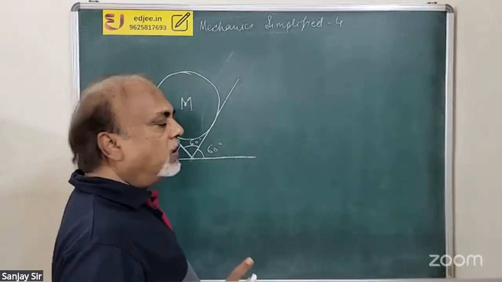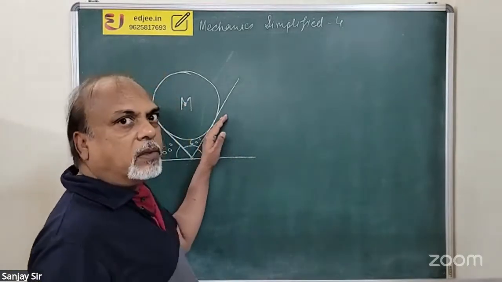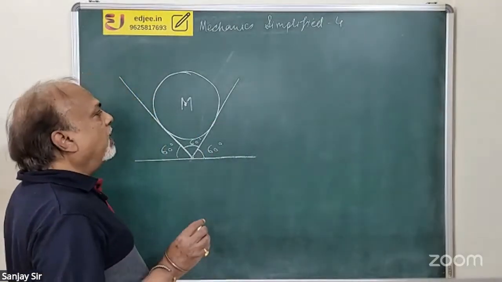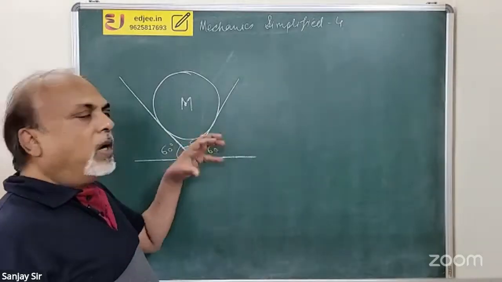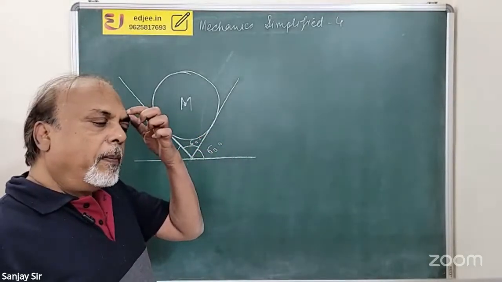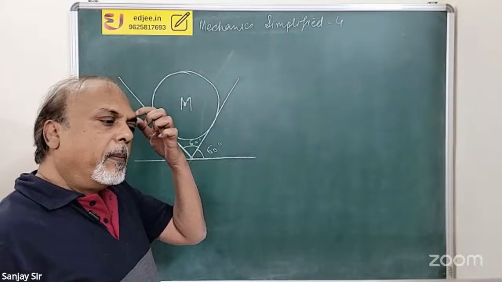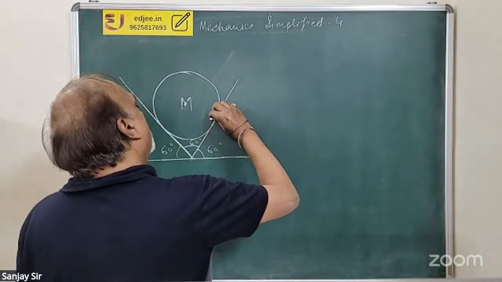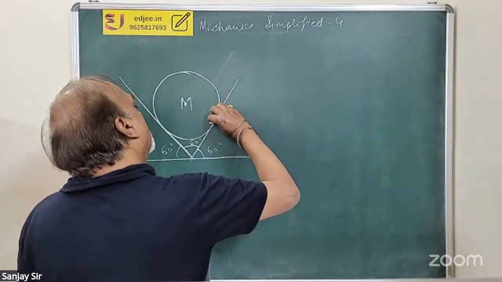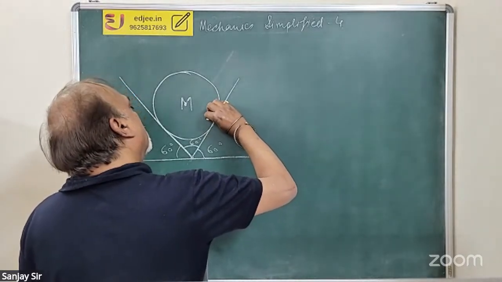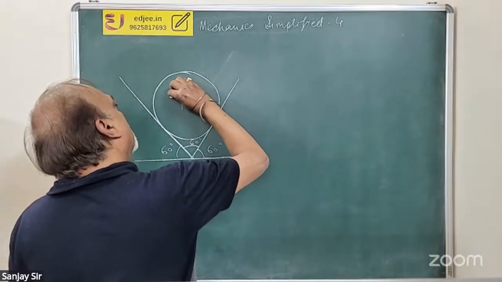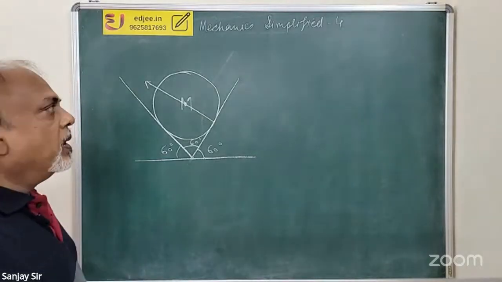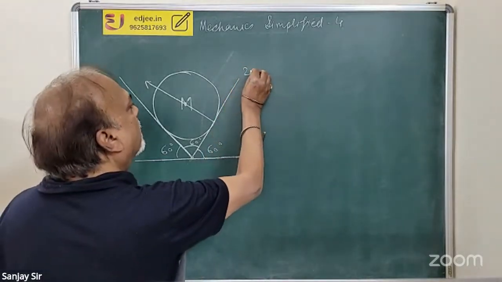Normal reaction always acts perpendicular to the plane on which the body is resting, any kind of body. Correct? So, normal reaction from this will be like this, and it will pass through the center.